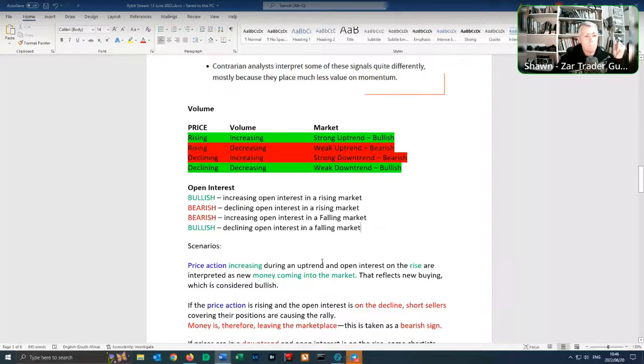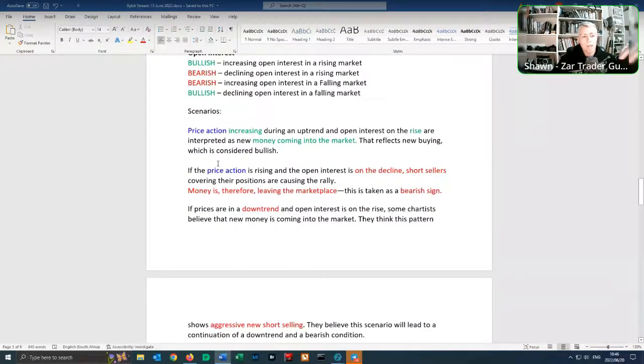Okay, and the scenarios I've put here: price action increasing during an uptrend, and open interest on the rise, are interpreted as new money coming into the market. That reflects new buying, which is considered bullish. If the price action is rising and the open interest is on the decline, short sellers are covering or closing their positions and are causing the rally to go down.